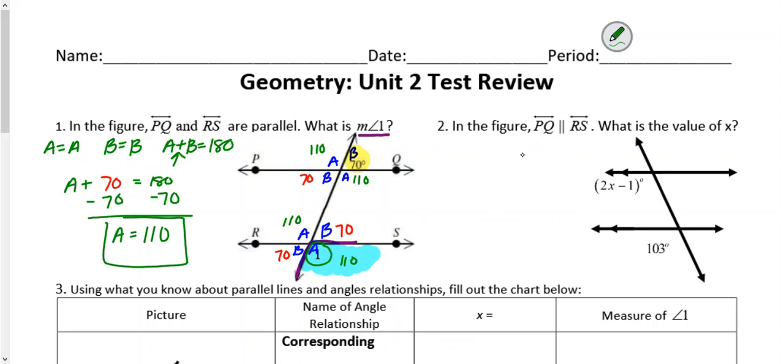Okay, problem number 2. In the figure PQ is, remember this is the symbol for parallel to RS. So I'm going to fill in my A's and B's. A, B. Remember, the letters are not allowed to be right next to each other.